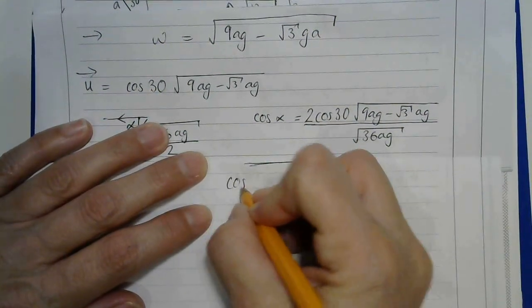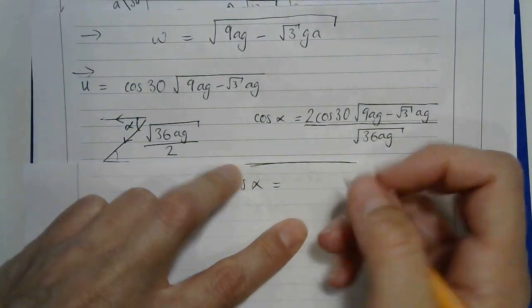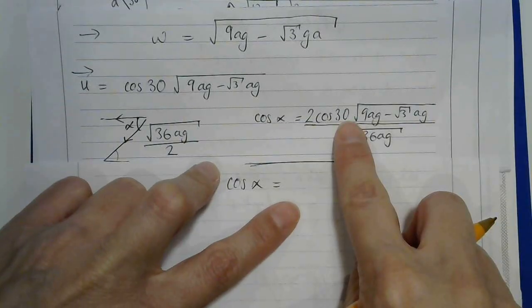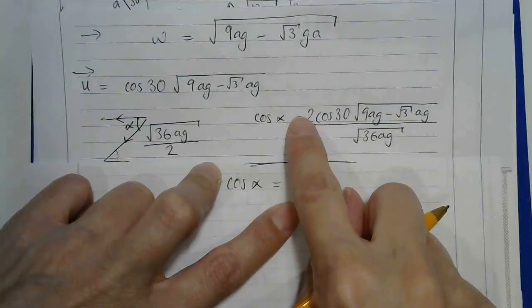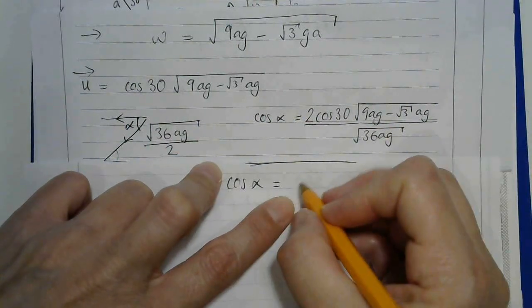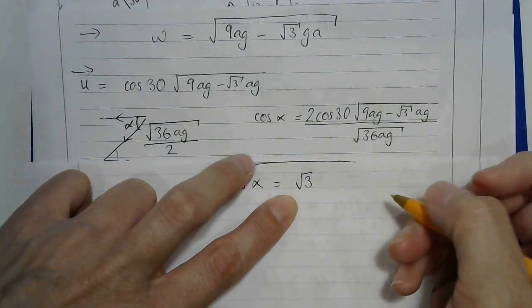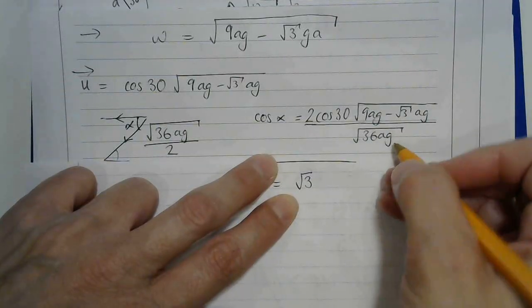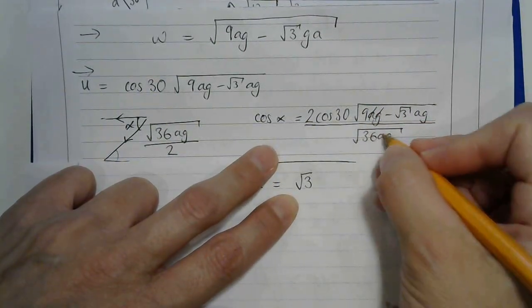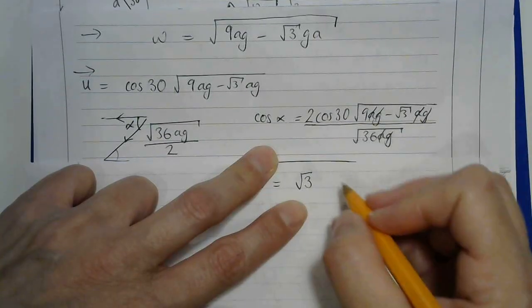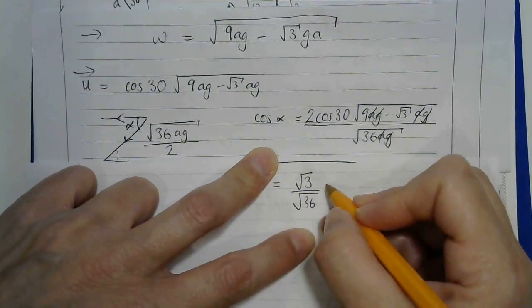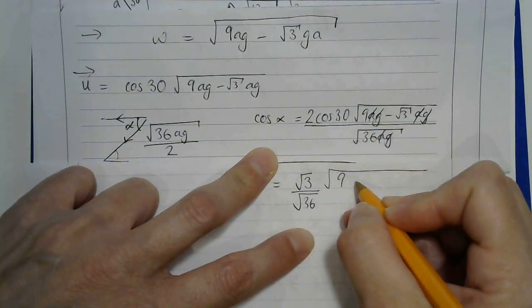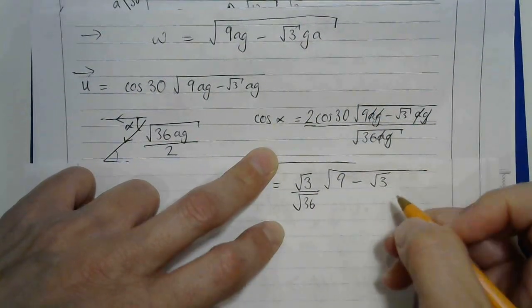To get cos alpha, cos of 30 is root 3 over 2. So the 2 will cancel with this 2 here, and I'll just get root 3. I've got root ag everywhere, so that will cancel out all over the place. And on the bottom I've got root 36. Up here I've got 9 minus root 3.